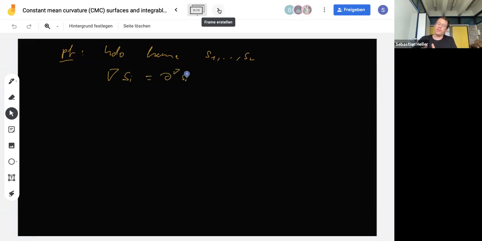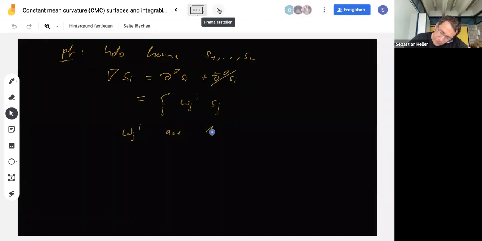It's just the 1,0 part, and del bar nabla s_i is vanishing. So if we write this as a sum over j of omega_ji times s_j, it means that the omega_ji are 1,0 forms.